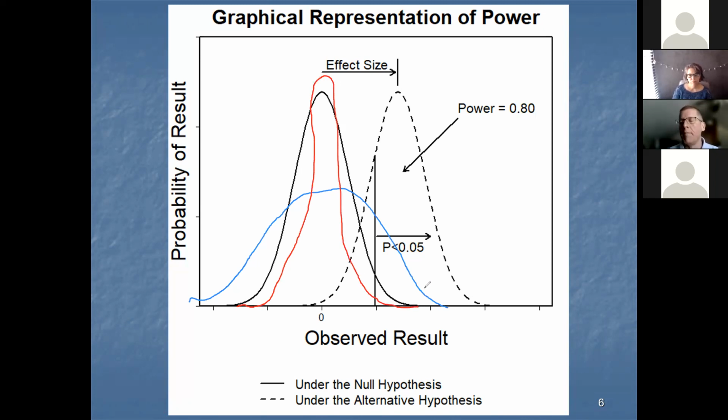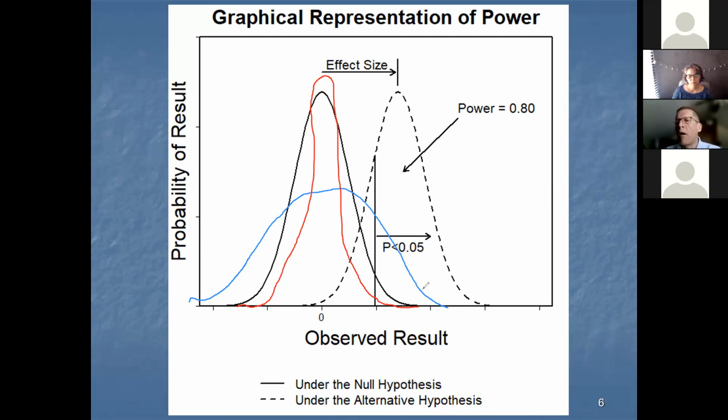Again, I'm not an artist, so just try to imagine this: I'm pulling the tails in, and when I pull them in, I make a more peaked distribution, so more of that distribution is piled up around that center value. Well, why am I spending so much time on this? What I'm trying to illustrate here is that the underlying variability is going to have a big impact on power.